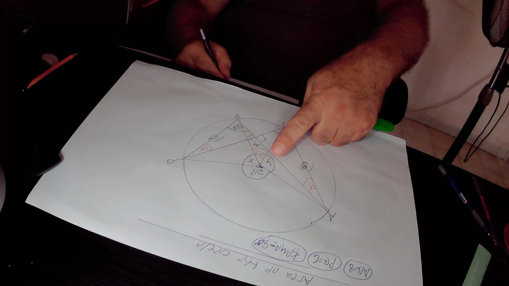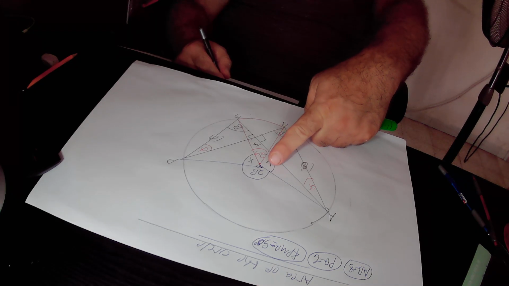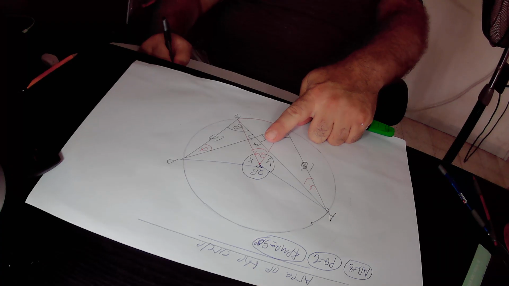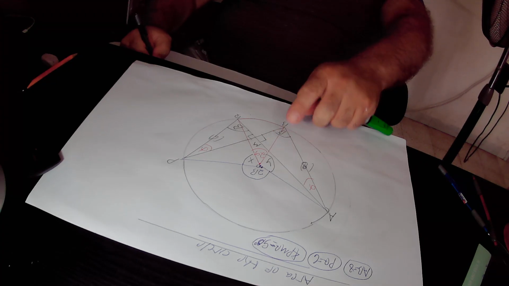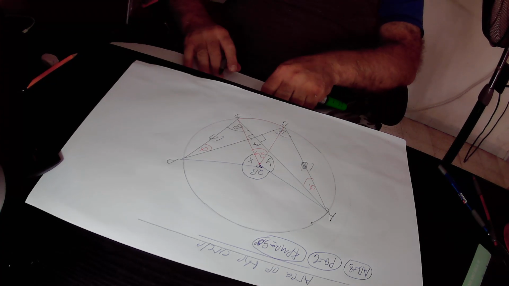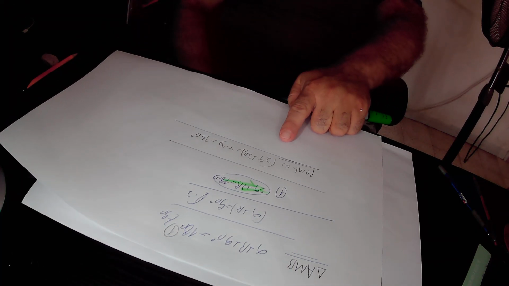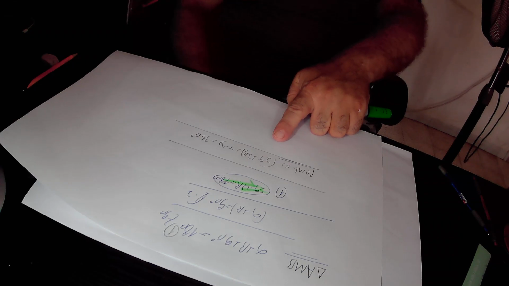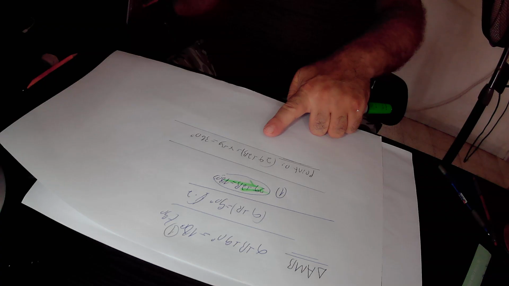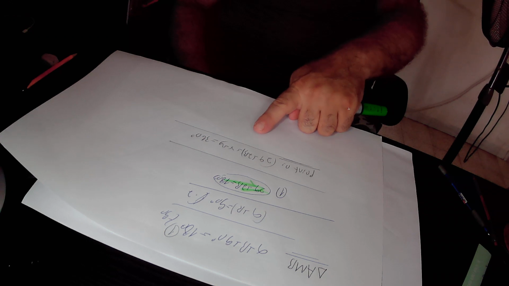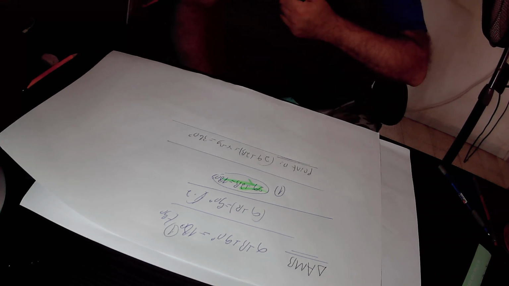We have angle 2 alpha, angle 2 beta, and we have angle x and angle y. So in total, 2 alpha plus 2 beta plus x plus y must be equal to 360 degrees, according to the rule that the sum of the angles around any point is equal to 360 degrees.